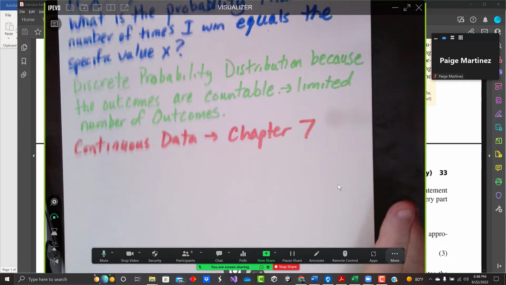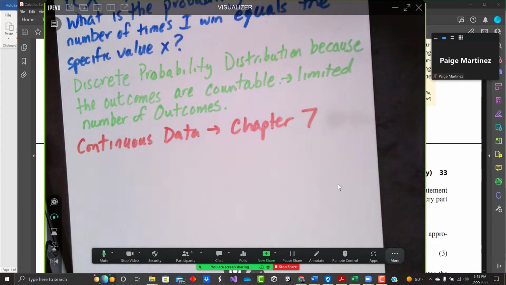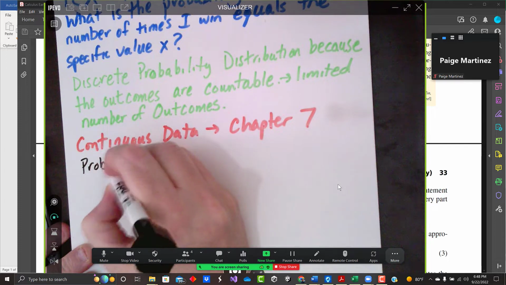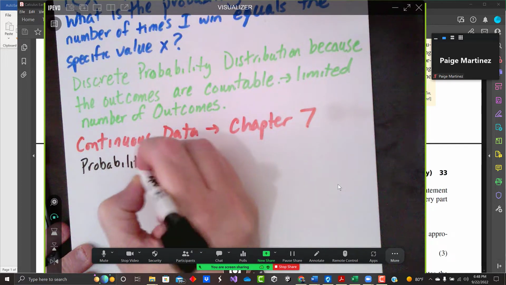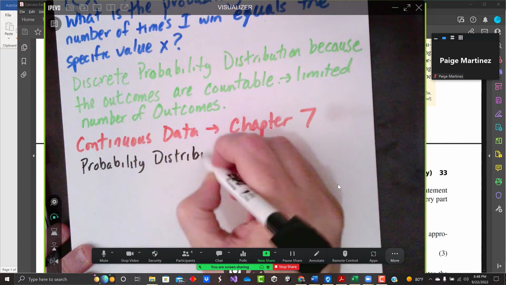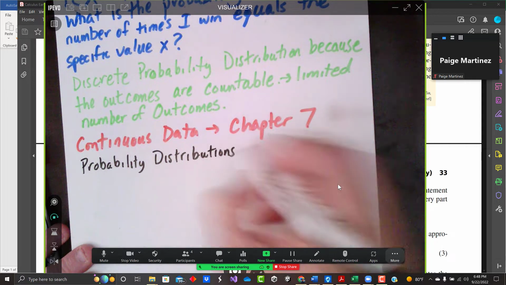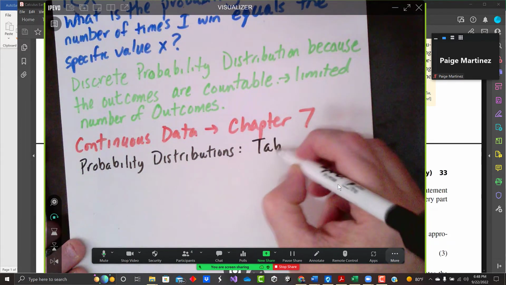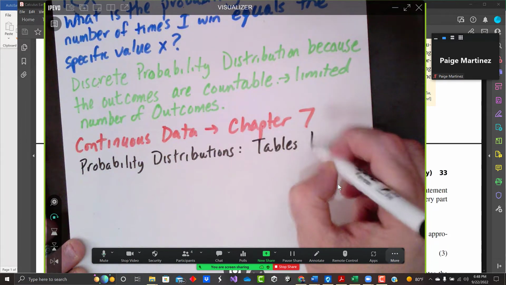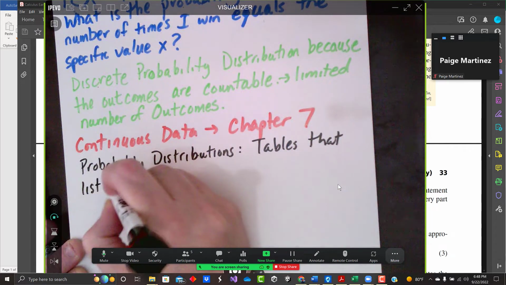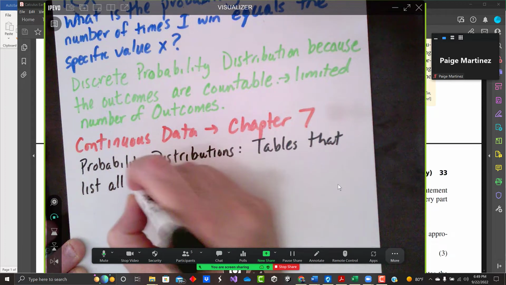And one more definition for you, probability distributions. They are generally tables that list all possible outcomes and their probabilities.